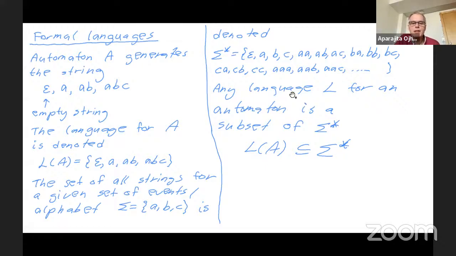And it's interesting to note here that any language for an automaton is then a subset of this sigma star. That's the reason why when we want to be formal, we talk about sigma star as the most flexible system we can think about. And then every automaton is a restriction of this sigma star, where you pick out only a subset of the strings in this sigma star set.